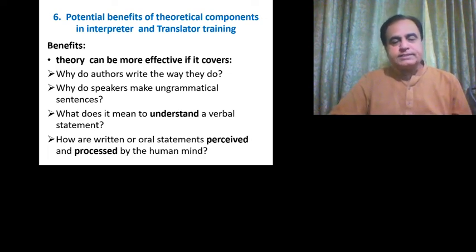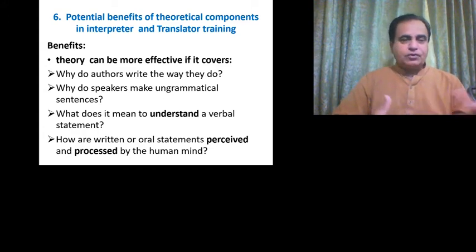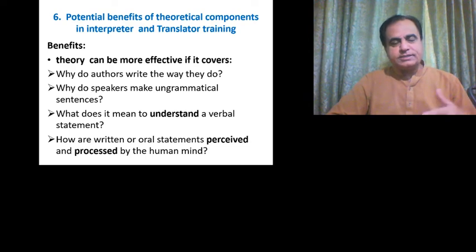Why do speakers make ungrammatical sentences in consecutive or simultaneous situations in interpreting? And the theory, of course, provides a detailed description of or answers to this why. What does it mean to understand a verbal statement?